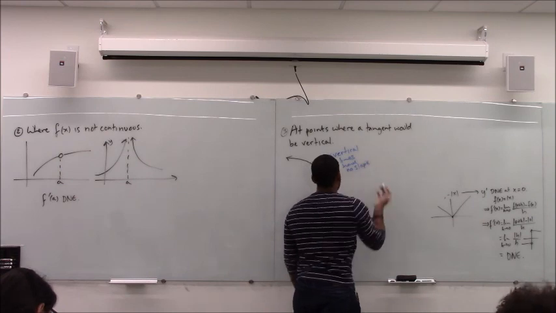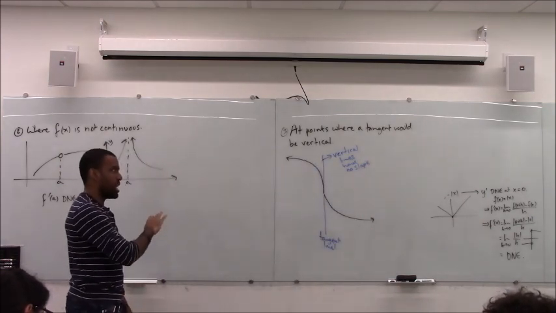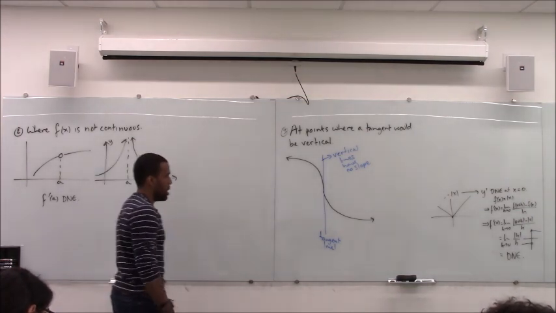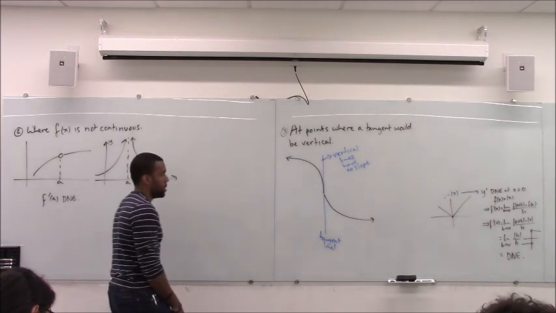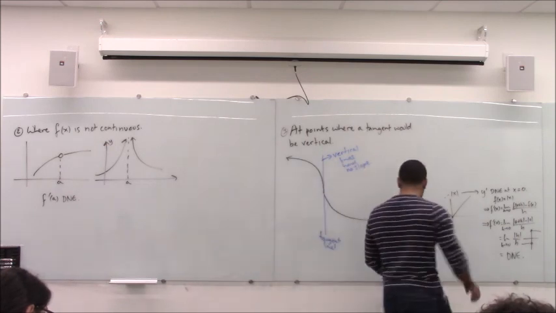Right? Slope doesn't exist here. So you have functions that have this behavior where for a split second they go vertical, and at that point where they do that, you can't actually find a derivative.